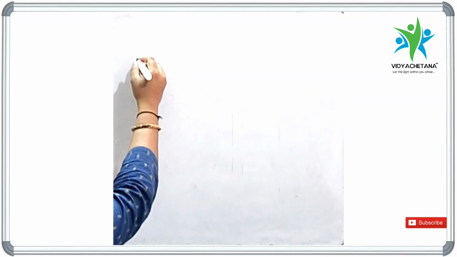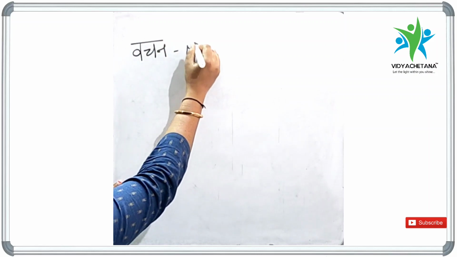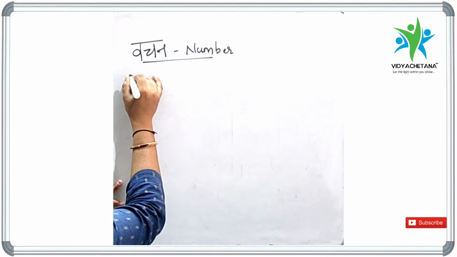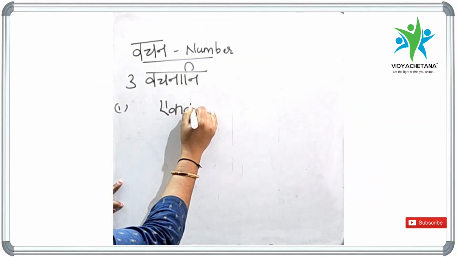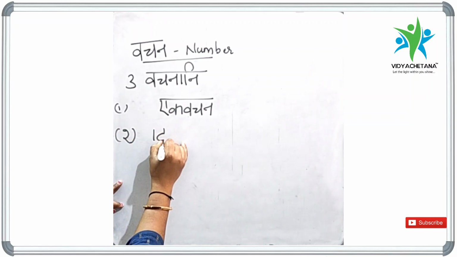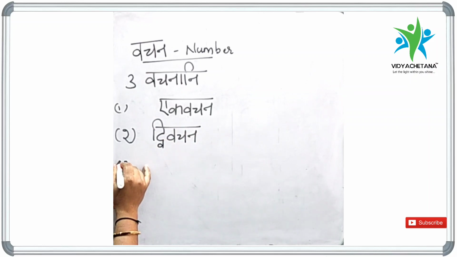And the next concept is the Vachana concept. Vachana means number. As I told before, in Sanskrit there are three Vachanani. The first one, Ekavachan. The second one, Dvivachan. And the third one, Bahuvachan.